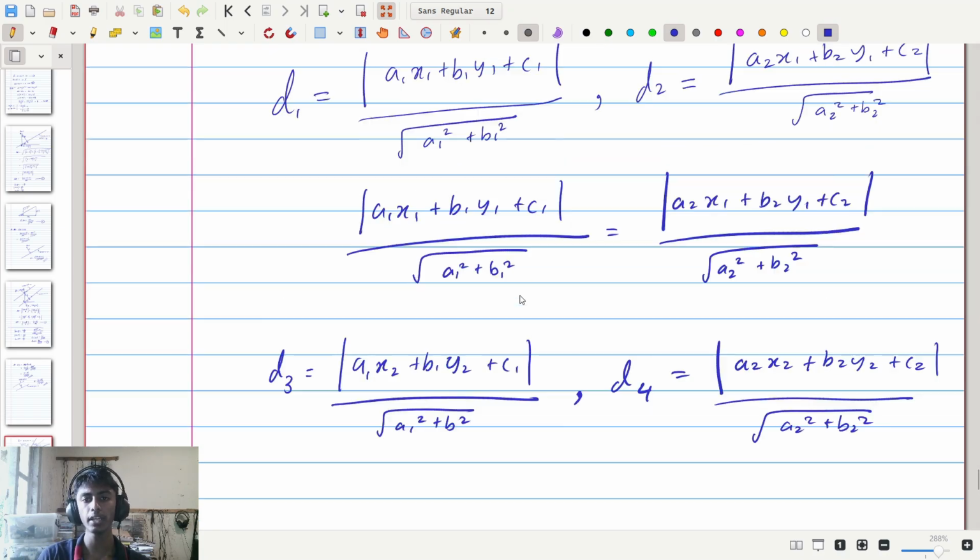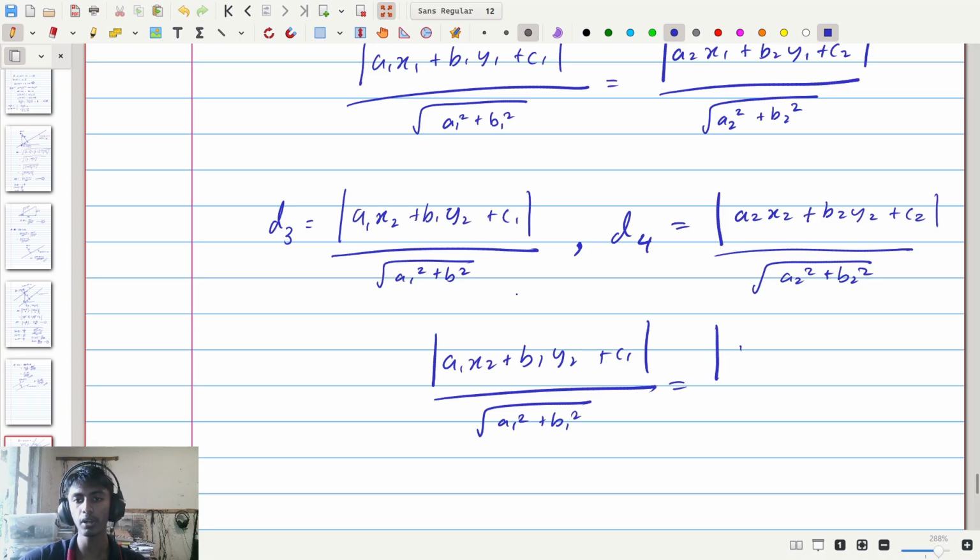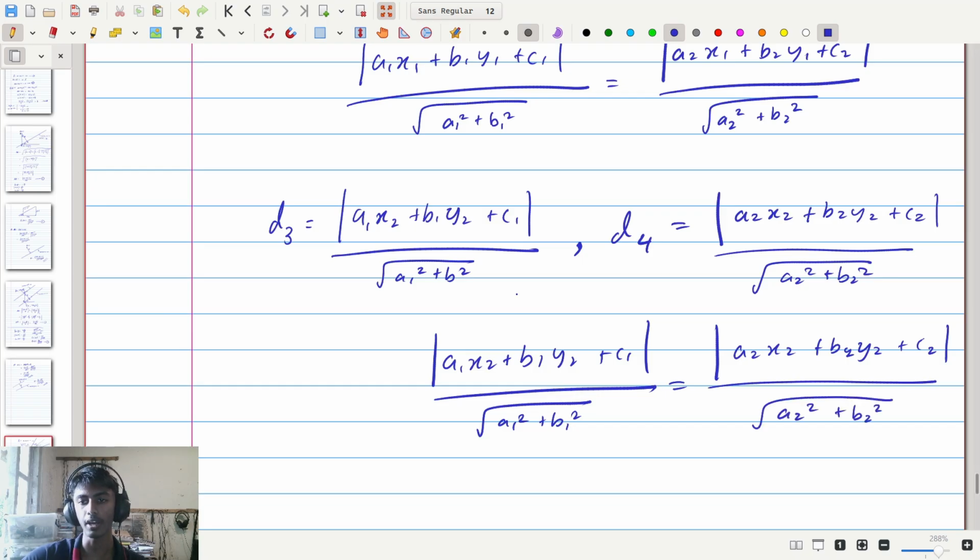Now then, we can see that once again, for this to be true, our condition required is that the absolute value of a1 x2 plus b1 y2 plus c1 divided by the square root of a1 squared plus b1 squared be equal to the absolute value of a2 x2 plus b2 y2 plus c2 divided by the square root of a2 squared plus b2 squared.